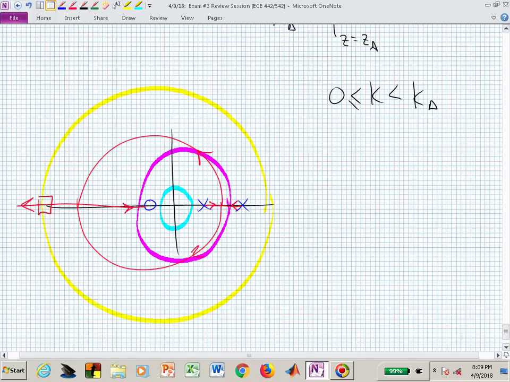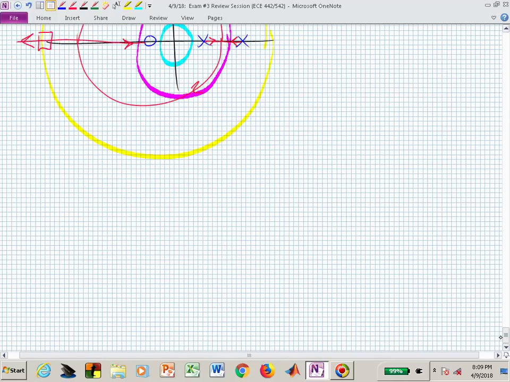What else do we have? We have all sorts of, wow, pages. Let me do one that you haven't seen yet. Suppose I give you the following. Can you now tell me which real line segments belong to the root locus?